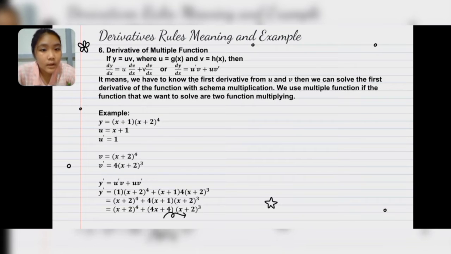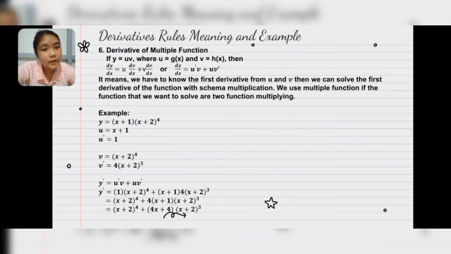Equal, we using schema multiplication, 1 times x plus 2 to the fourth power is x plus 2 to the fourth power plus we move the 4 to the front of x plus 1, so 4 multiply with x is 4x, and then 4 multiply with 1 is plus 4, and then the x plus 2 to the third power, still x plus 2 to the third power.